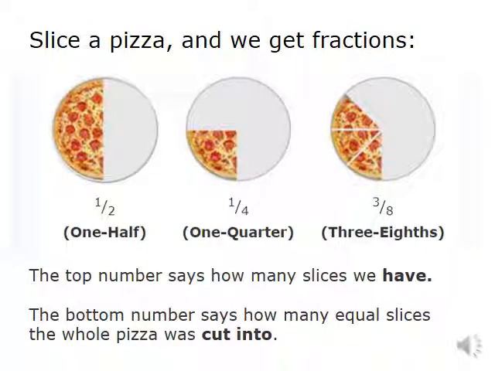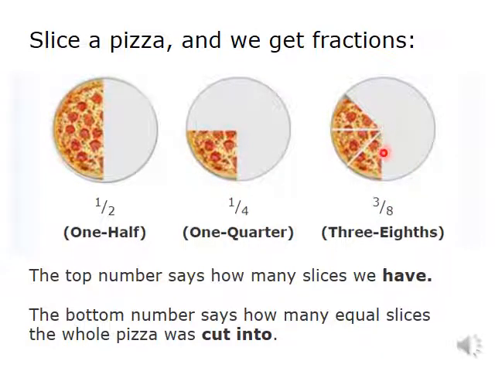So thinking again back to that pizza, slice that pizza and we get fractions. This pizza here was one whole and it's been split into 2 equal pieces. So we have 1/2. This pizza was split into 4 pieces, and there's 1 piece left, 1 out of 4, or 1/4.